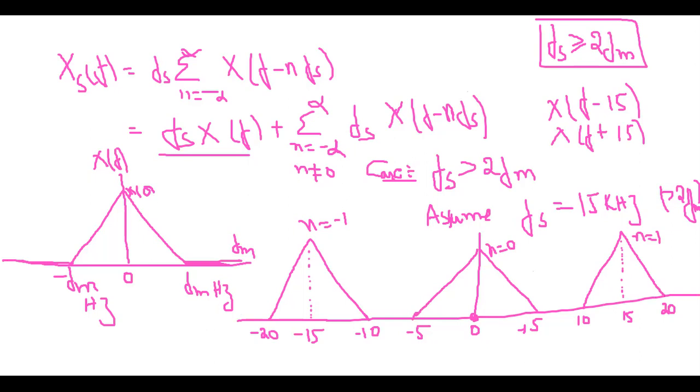What is the next one we get here? 25, 30 and 35 for n equal to 2, and for n equal to minus 2 we get minus 25, minus 30 and minus 35, with 2 into 15, and so on, when n is equal to 0, 3, 4 and so on.